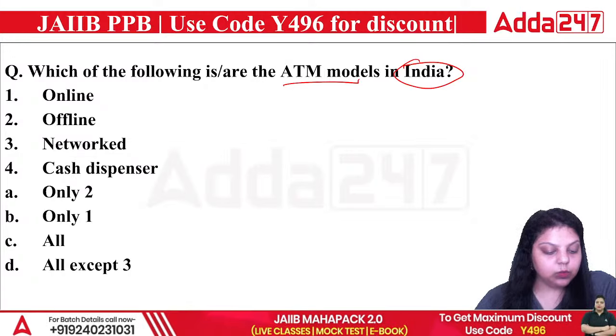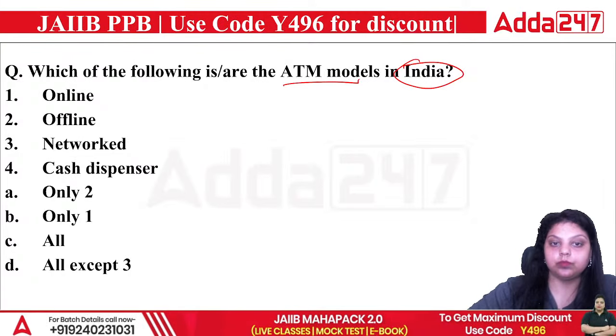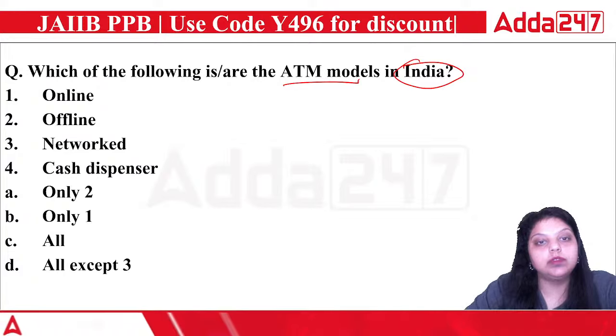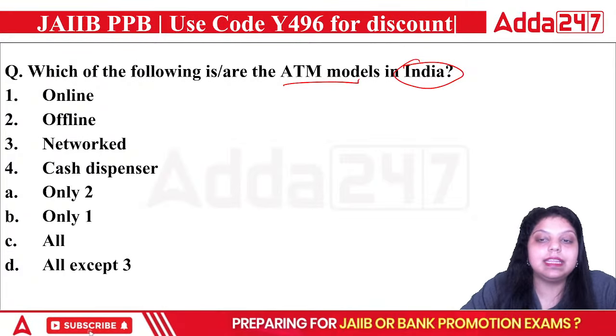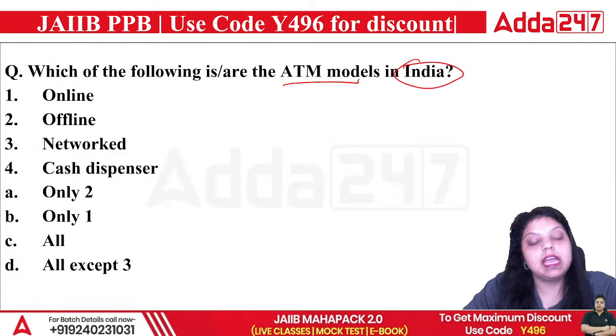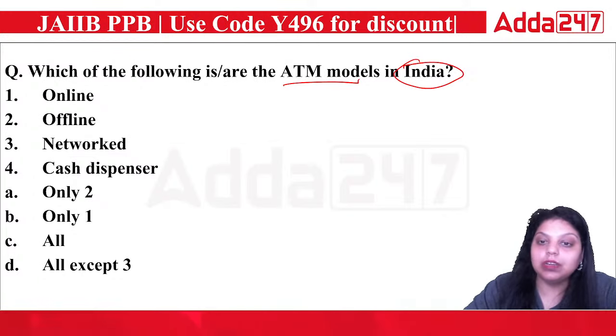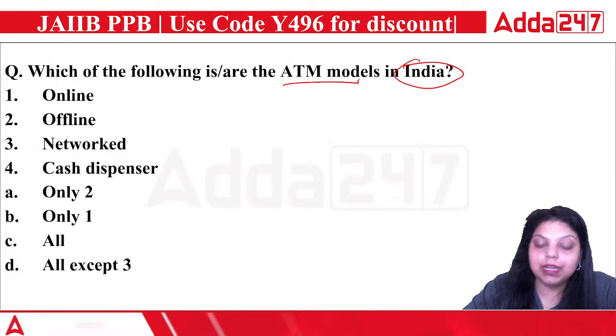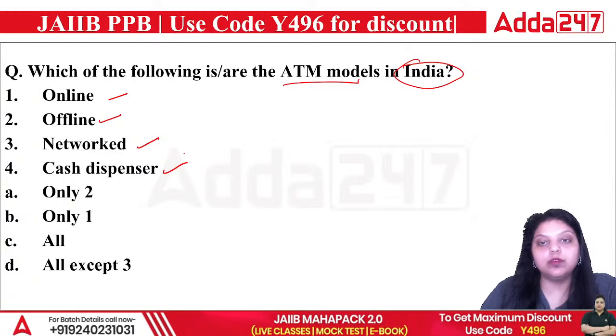Online, offline, networked, cash dispenser. Which of the following are the ATM models in India? So when we talk about ATM models in India, we have 4 models. How many models are there of ATM in India? 4 models are there. One is online, one is offline, networked, and the fourth one is cash dispenser.